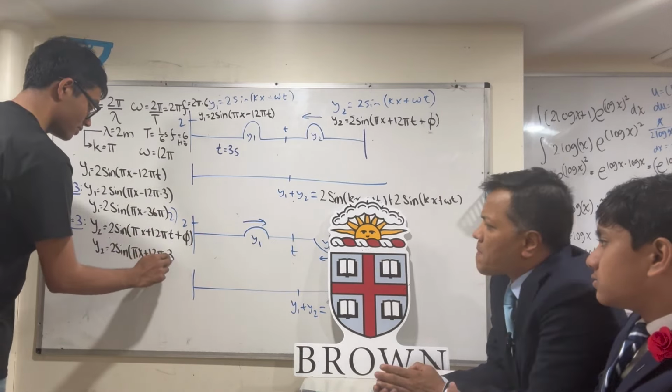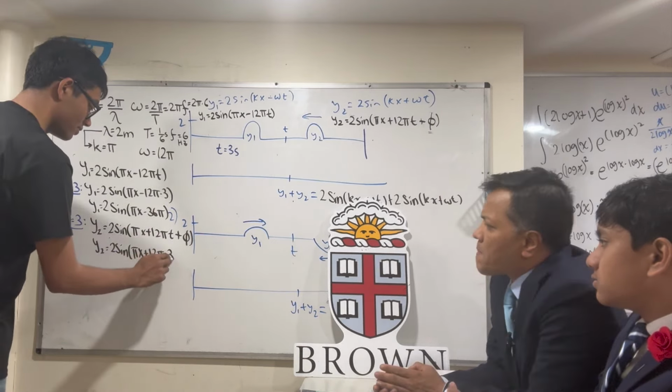But what is 36 minus 72? It's minus 36. Rifat, please stop. Everybody already knows those two are the same. Now look, y1 and y2, they have the same formula. So we can just add them up.